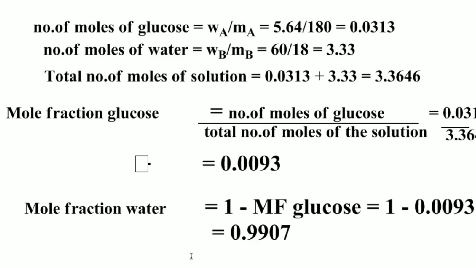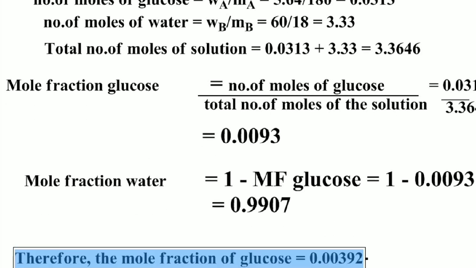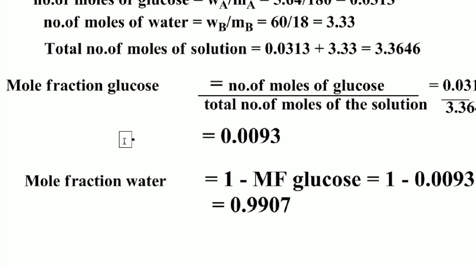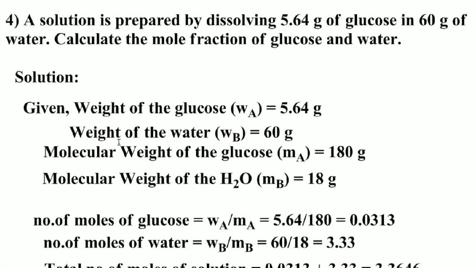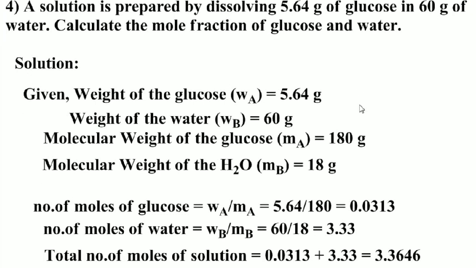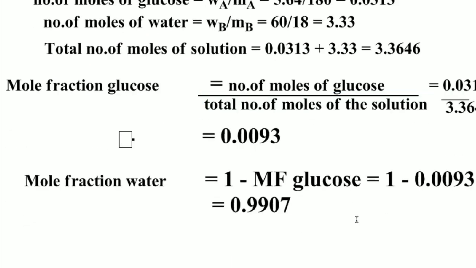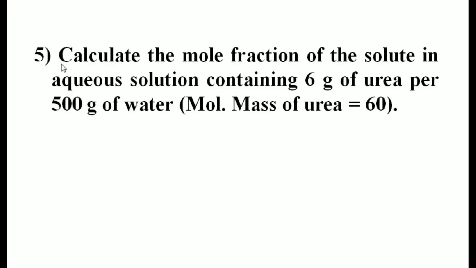So students, we can calculate the mole fraction of glucose and the mole fraction of water in this way. With the help of the mole fraction formula, we can calculate both mole fractions of glucose and water in the given problem. I hope you understood this problem clearly.